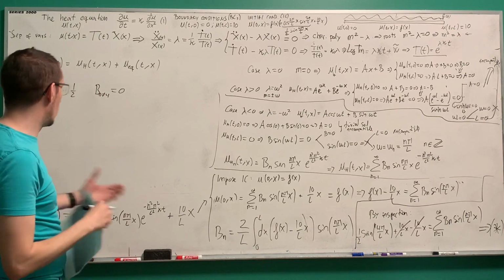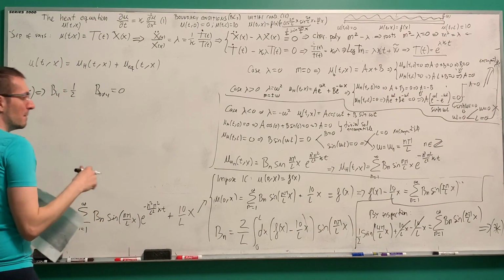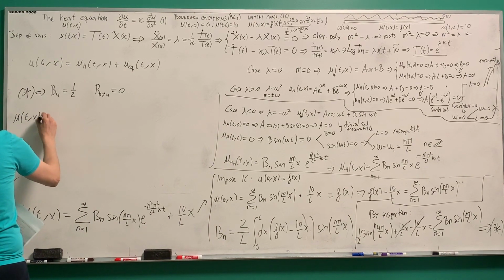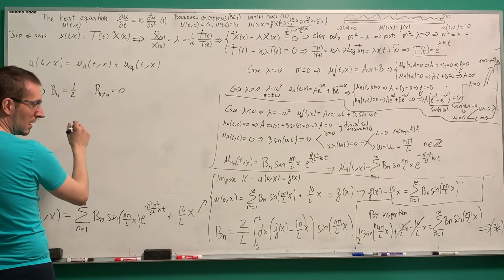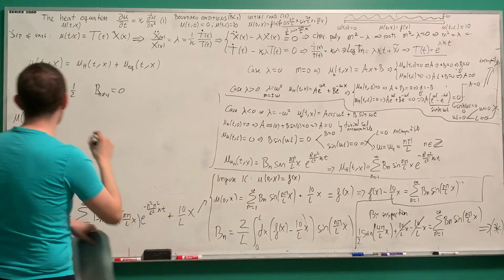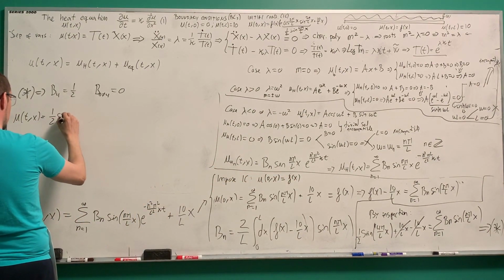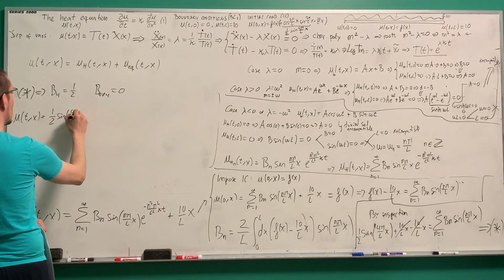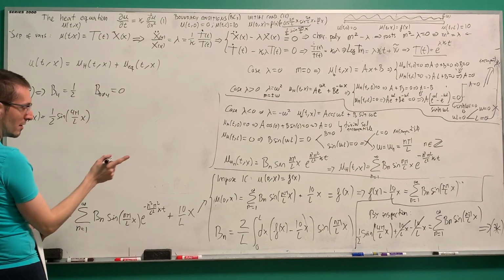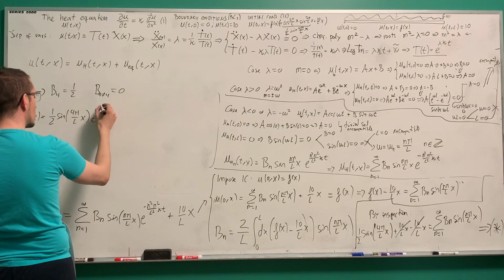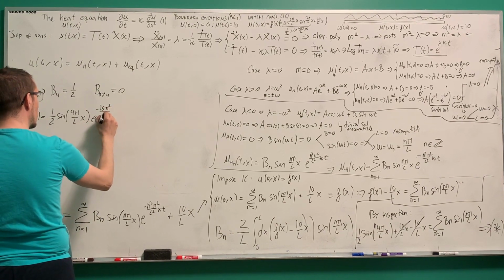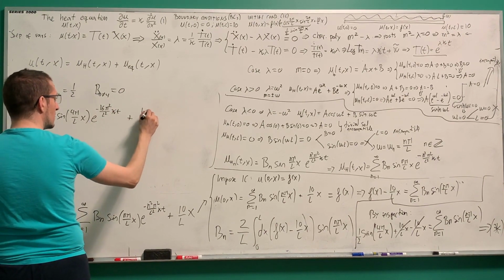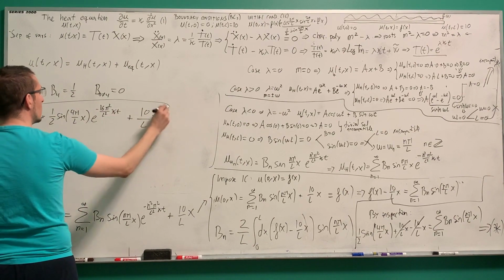So the solution to the whole problem after imposing all the conditions is the following: u of t, x is equal to 1/2 of the sine of, n is equal to 4, so 4 pi over L x. Now the function of time, which is e to the minus n squared, which is minus 16 pi squared divided by L squared, kappa t, and then plus 10 over L x, and that is the solution.